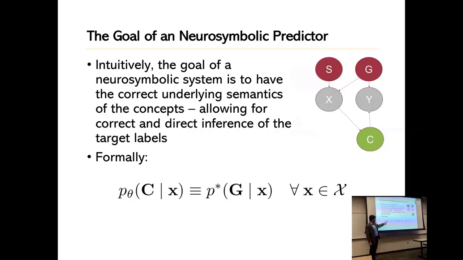Essentially, we want the perceptual model to provide an equivalent probability distribution to the ground truth concepts. So G is the ground truth of the concept, both conditioned on X. That would be the goal. What happens with the reasoning shortcut is you get some P theta that is not equivalent to this P star.